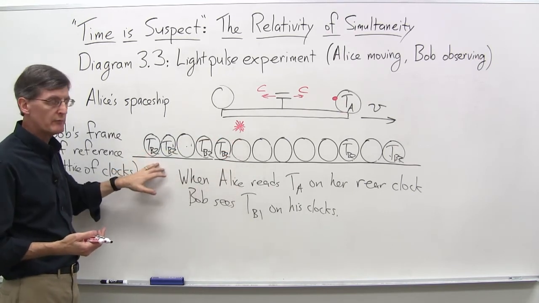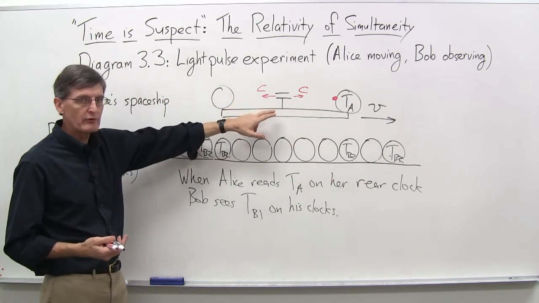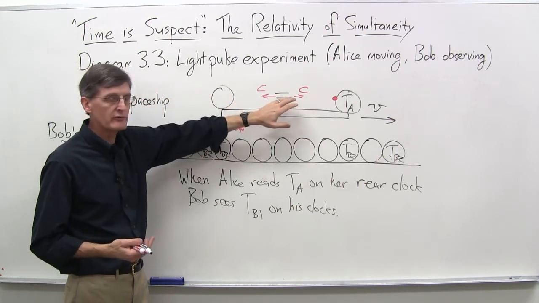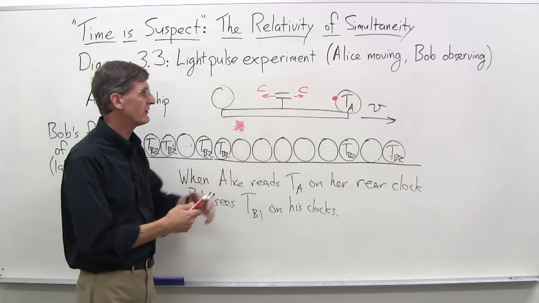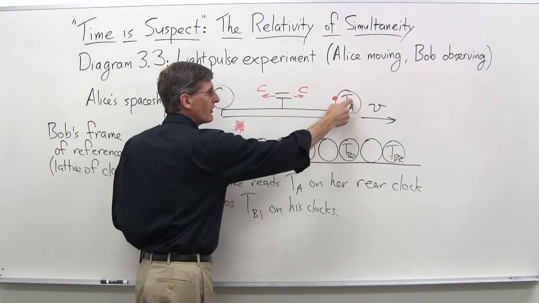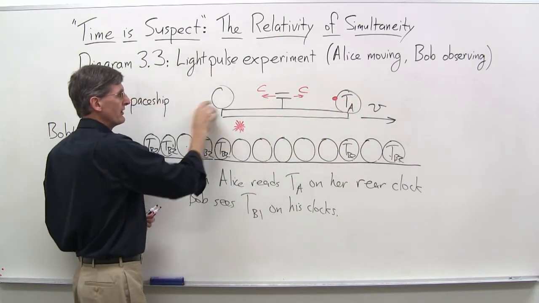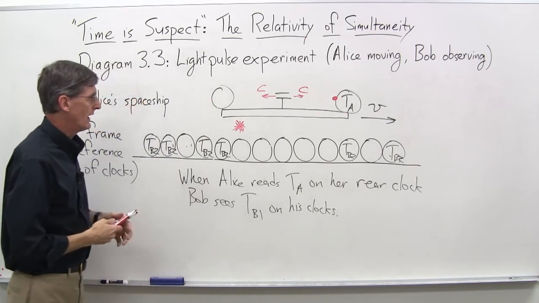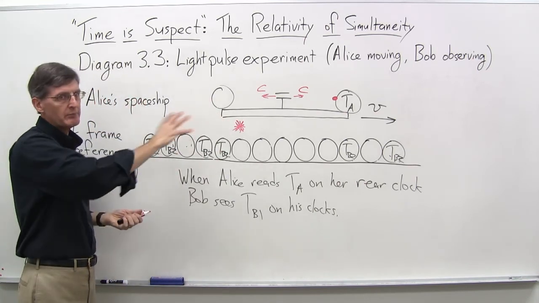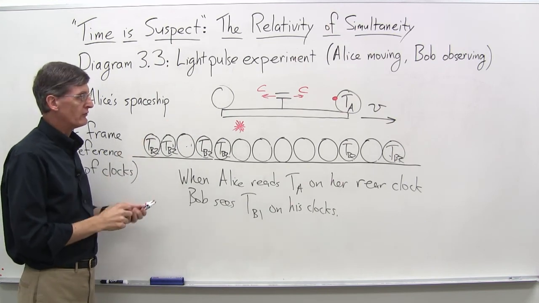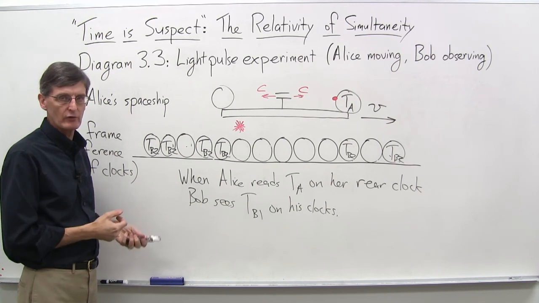And yet Bob, observing Alice going along here, observes the light pulses, but still, Alice observes them at velocity c, Bob also observes them at velocity c, which means that this light pulse takes longer to reach that clock, which is moving away from it, than this light pulse takes to reach that clock as it's moving toward it. And therefore, that's where you get the differing opinions on whether the two light pulse hits on the clocks were simultaneous or not.